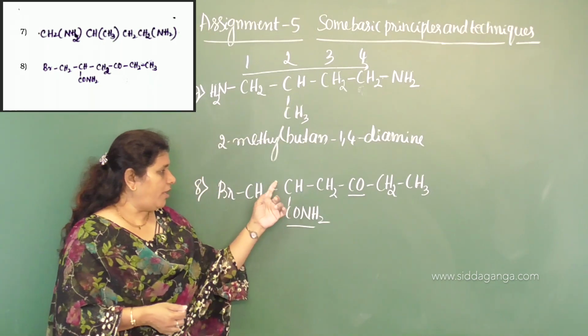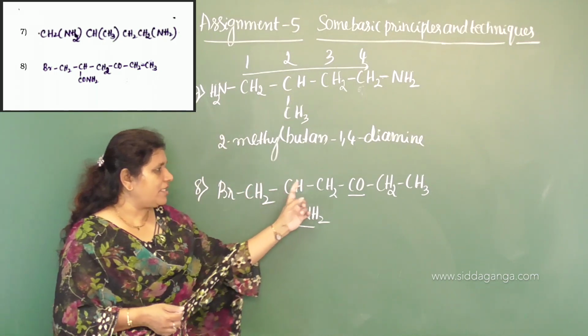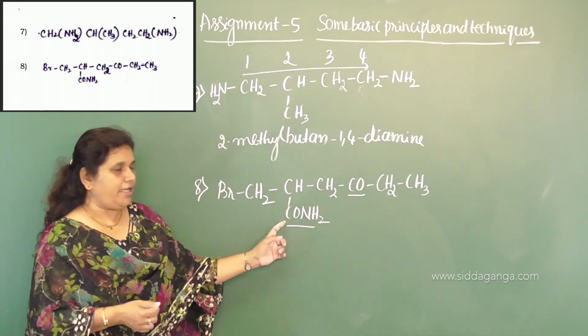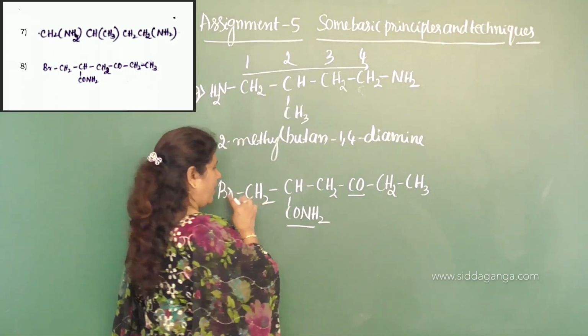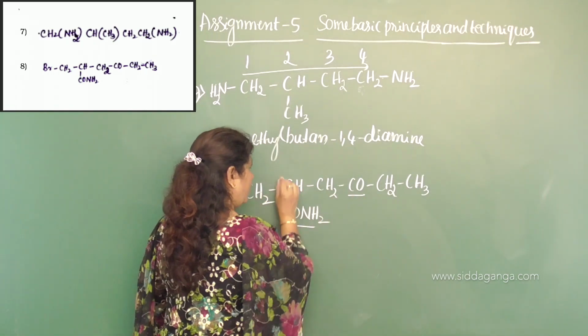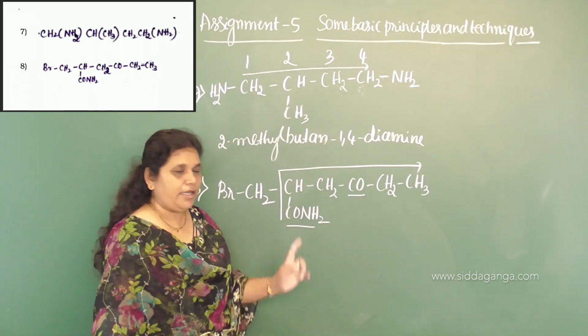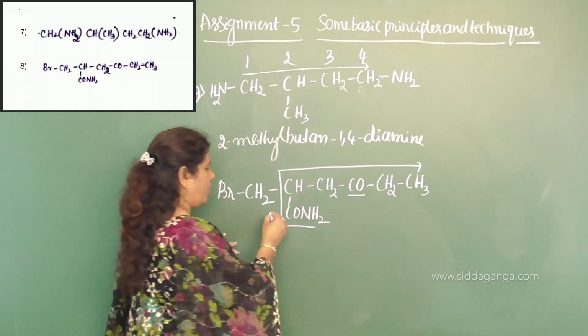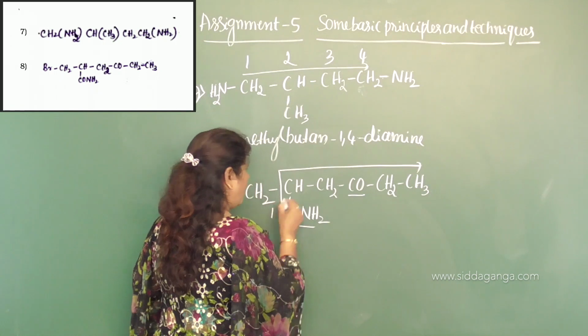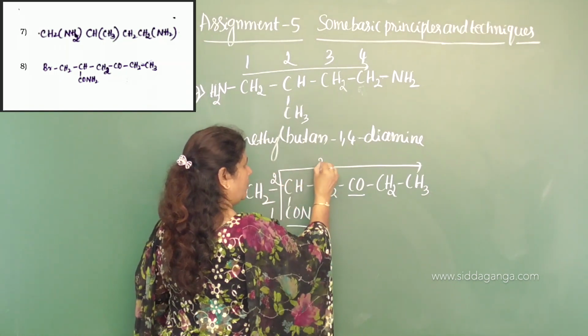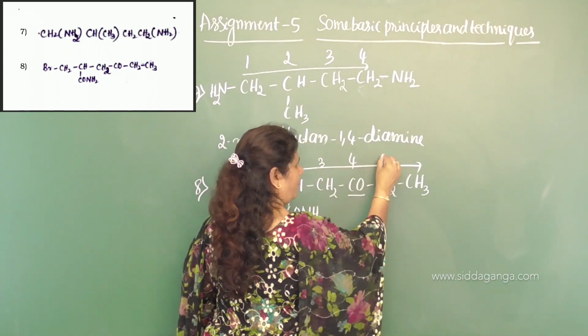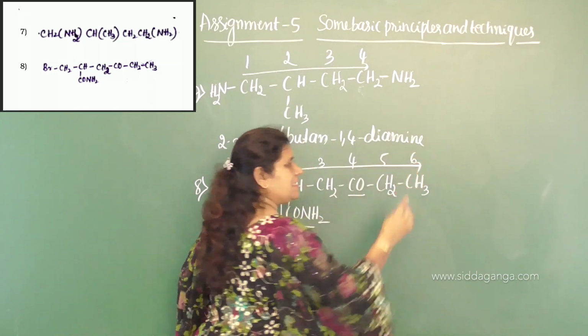Now one more substituent, because we need to select the carbon chain containing the amide. So we cannot select this chain. You need to select this chain, correct? Because it contains the amide functional group, and you give the number from this end 1, 2, 3, 4, 5, 6.